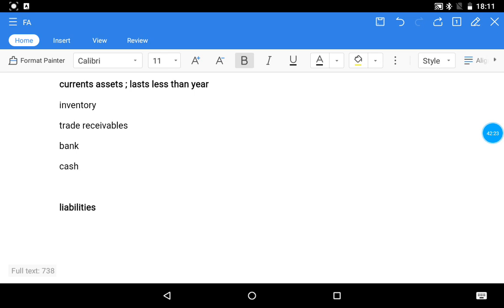And here we have some key terms in our definition. First one, obligation to pay. As we have said, you have used services or bought things but on credit. That means anytime you pay, you will clear. When you clear, that is your obligation.